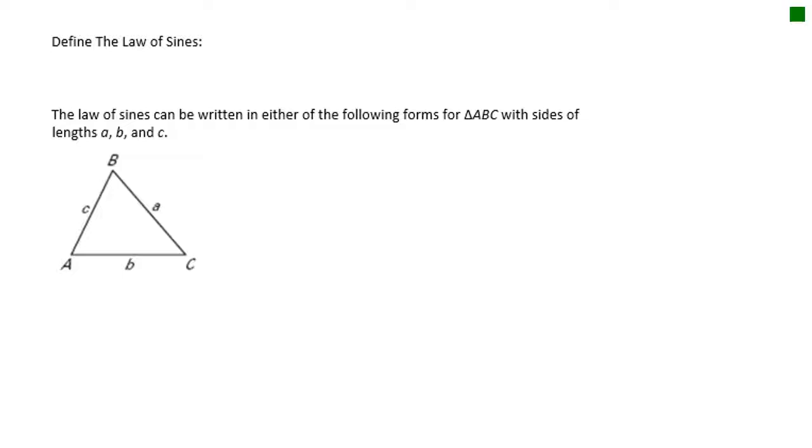Alright, so the law of sines can be used to solve any triangle. And remember, to solve a triangle means to find all the missing parts, all the missing sides and all the missing angles.